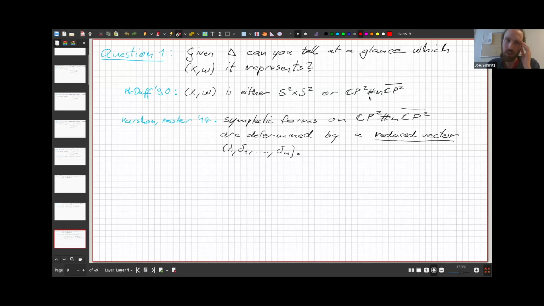Then in 2014, Karshon and Kessler, I forgot his first name, showed that the symplectic forms on these n-fold blowups of CP² can be determined by some reduced vector. This is just some vector in R^(n+1), where n is the number of blowups of CP² I took. So this gives us some description of how we should try to classify these symplectic manifolds which we want to represent.